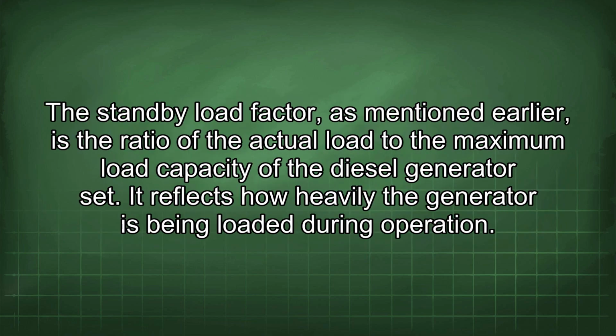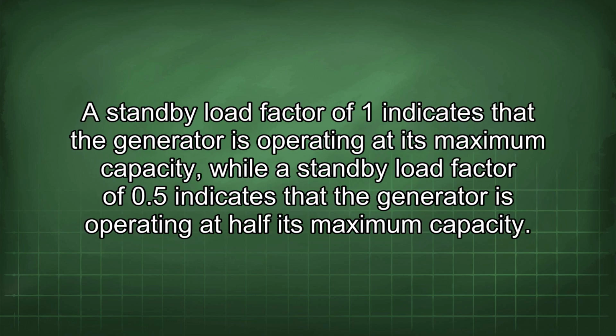The standby load factor, as mentioned earlier, is the ratio of the actual load to the maximum load capacity of the diesel generator set. It reflects how heavily the generator is being loaded during operation. A standby load factor of 1 indicates that the generator is operating at its maximum capacity, while a standby load factor of 0.5 indicates that the generator is operating at half its maximum capacity.